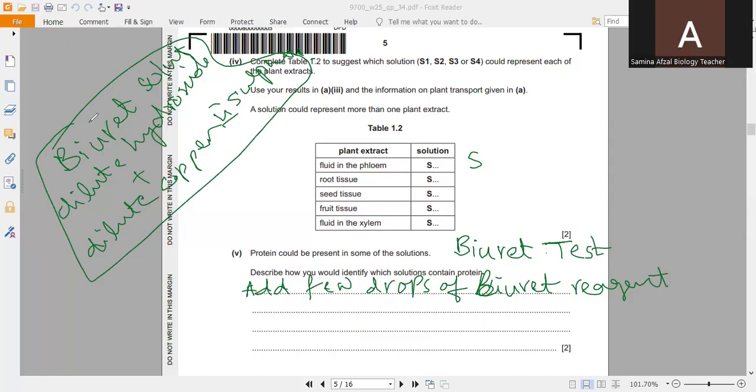and then add the sample solution plus shake thoroughly.